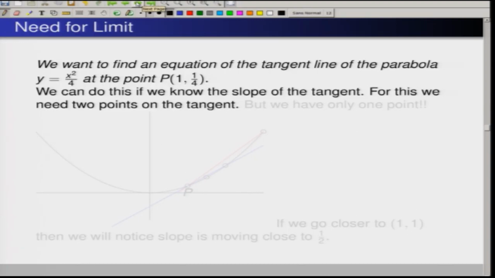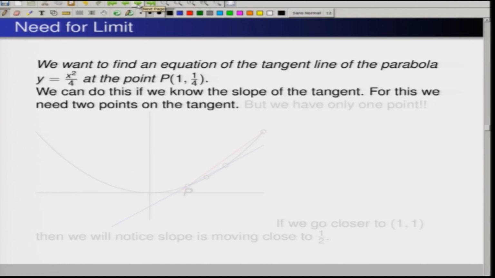We have information only about one point of the tangent, because the tangent touches the parabola only at one point, and the rest of the points on the tangent are not on the parabola. So, we do not have any information about any other point of that tangent. Now, how are we going to address this problem?